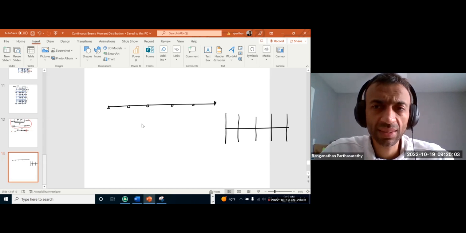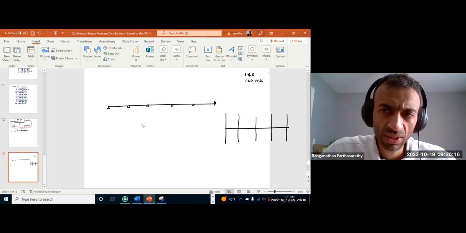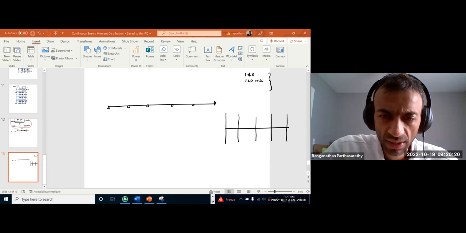Of course, from ASCE 7-10, you remember there are so many load combinations: 1.4D, 1.2D, 1.6L. So those are load combinations, okay? Just to recall, I can open that.